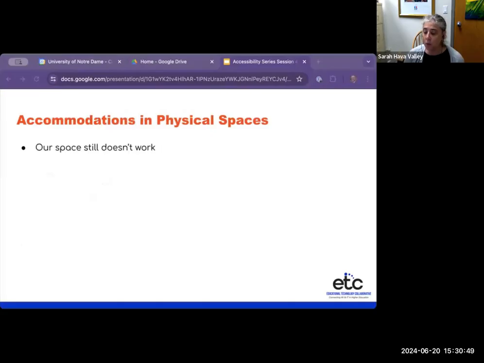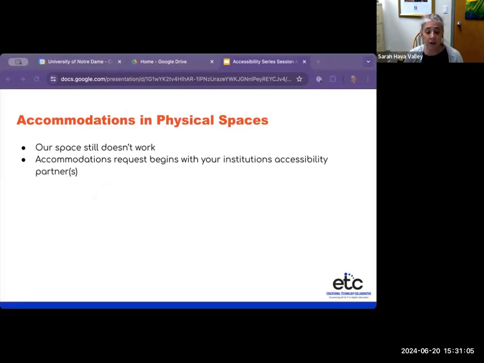So the big thing is what happens when our space doesn't work, right? So we have gone through the process of making sure that as many of our spaces are as accessible as possible. Well, we know that there are still going to be times where you might have someone that comes in that needs something extra, right?